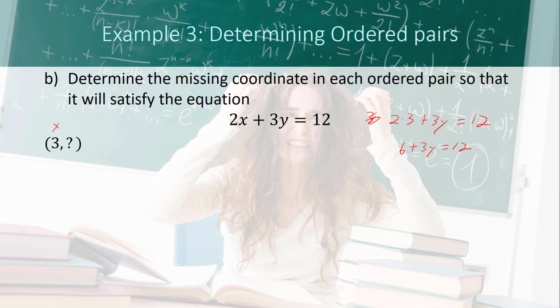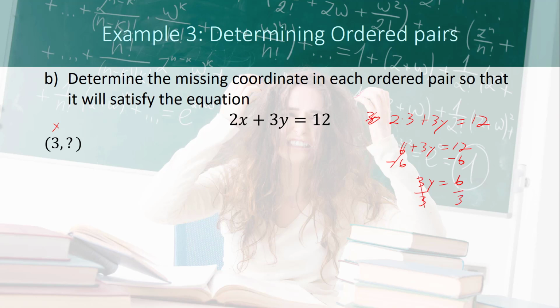We can subtract 6 from both sides. This will allow us to get the term with the y in it isolated by itself. This would cancel. We would have 3y is equal to 6. Then we have to get rid of this coefficient. We can do that by dividing both sides by 3.